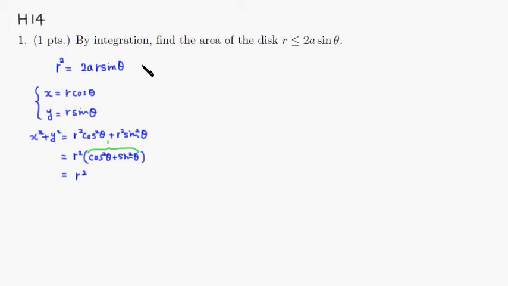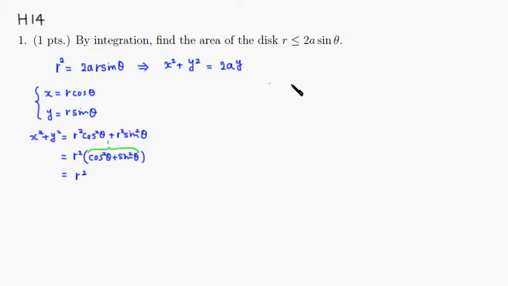So we can conveniently rewrite this equation as r squared is just x squared plus y squared, equal to 2a times r sine theta, which is the same thing as y. So this is an equation in rectangular coordinates.